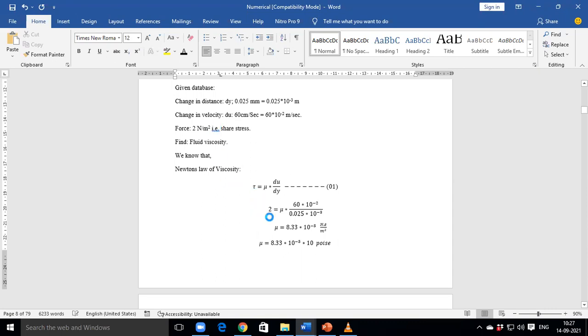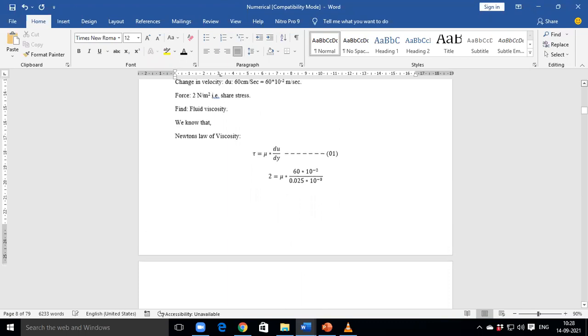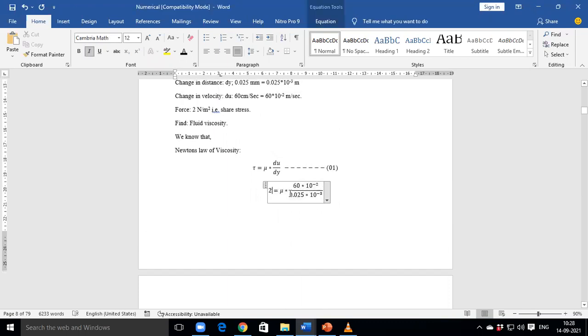So tau we put 2, mu you can write as it is, du is replaced by 60 into 10 to the power minus 2, and then dy, what is the value of dy? 0.025 into 10 to the power minus 3. You can solve this and tell me what the calculation will be.